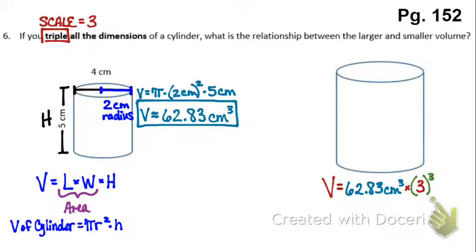What is the 3 inside the parentheses telling me? That's my scale. What's the 3 outside the parentheses telling me? That it's volume because I have how many dimensions? 3 dimensions, length, width, and height. This is the number of dimensions that are changing.